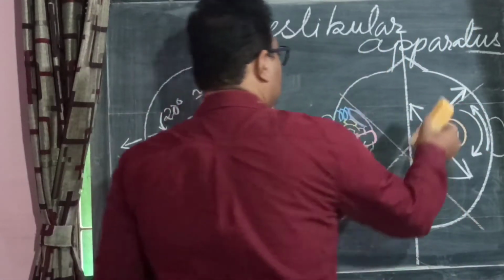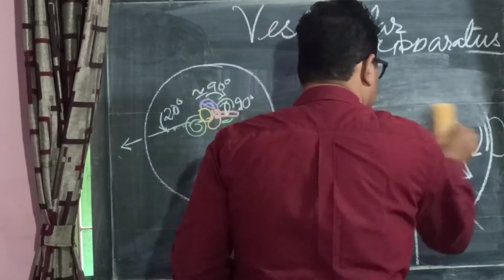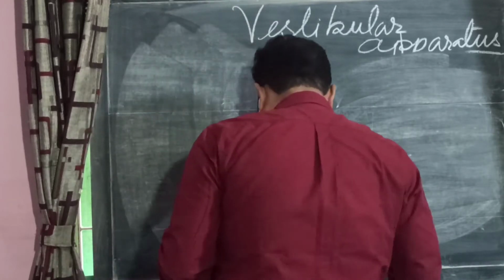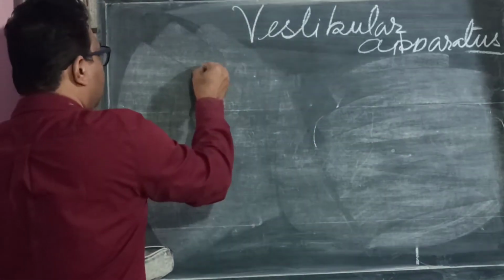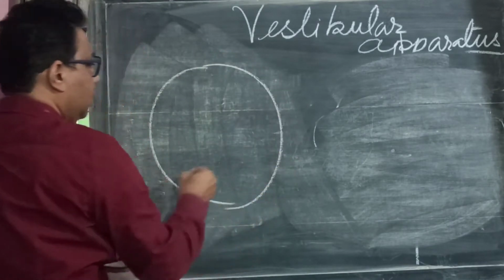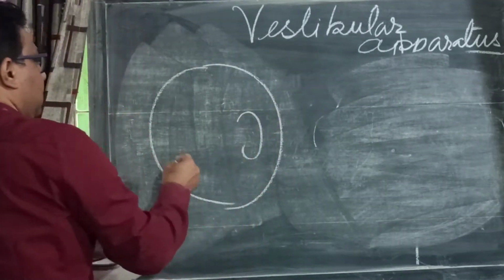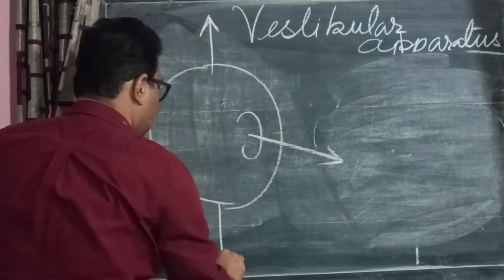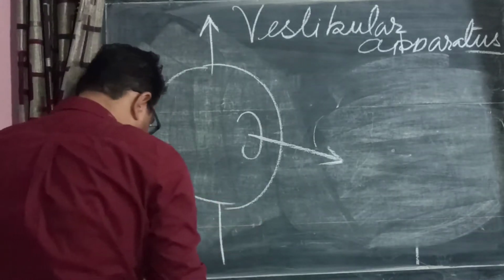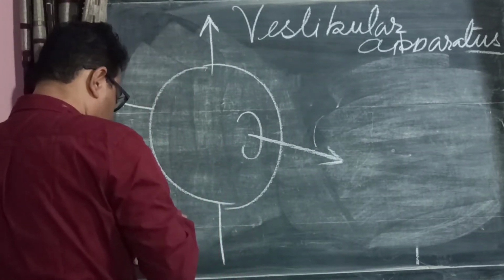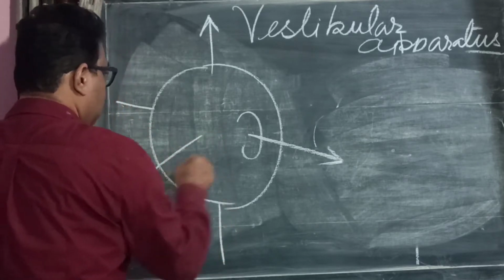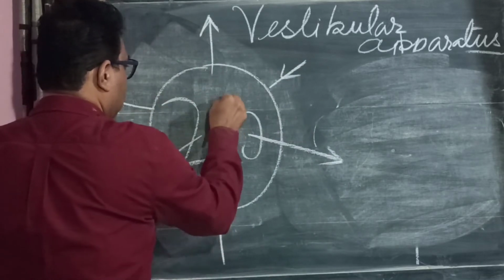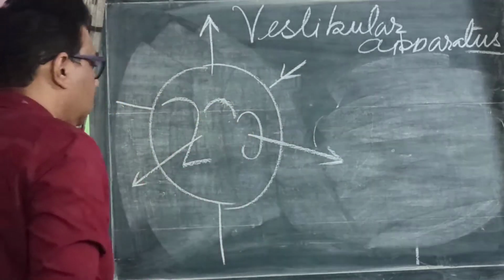So, a few axes of movement possible by the human head can be described.